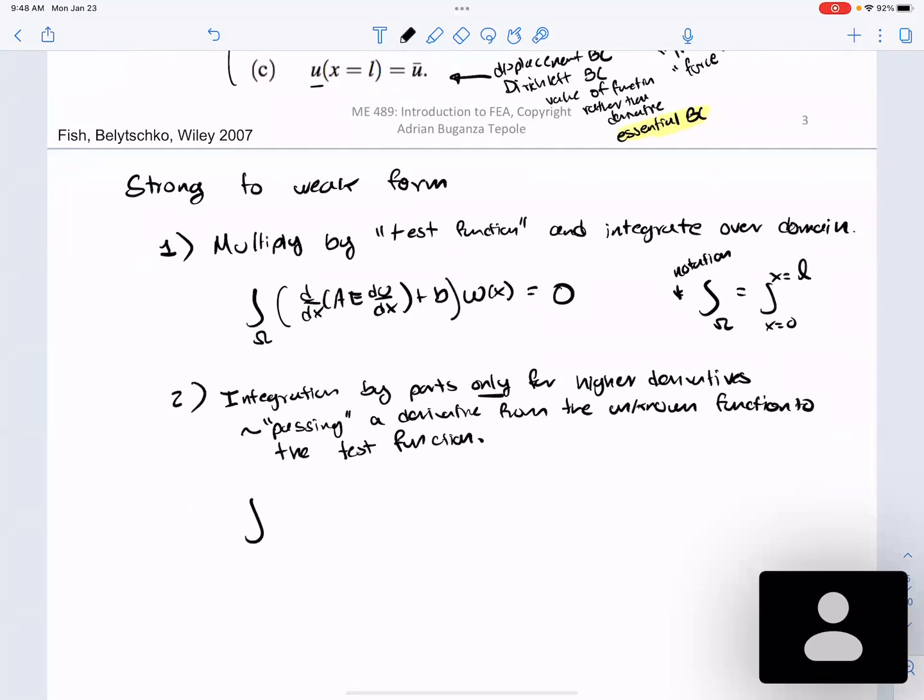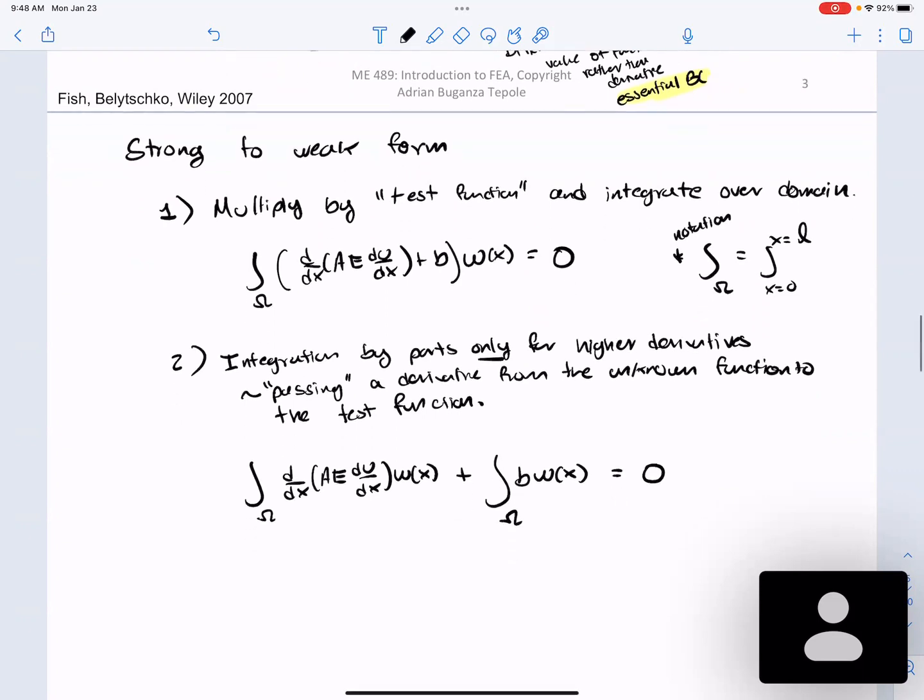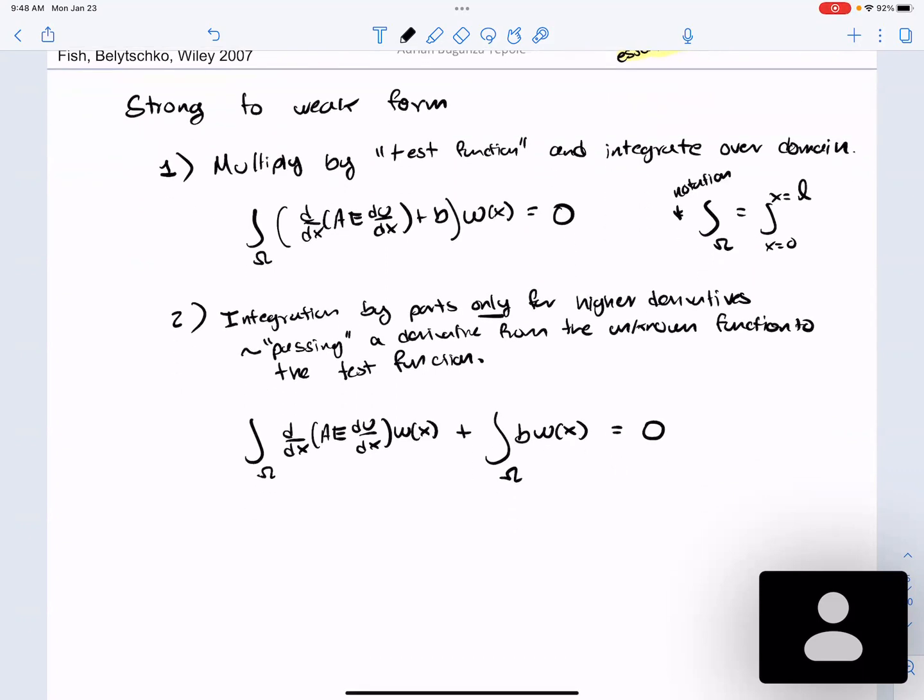So I'm just gonna split the integral into two integrals, just so that the integration by parts is clear. This is just standard stuff with integrals. You can always split into the sum of multiple integrals.